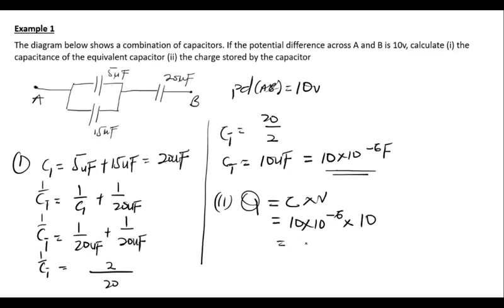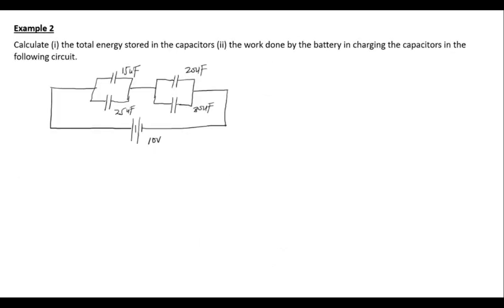So this is equal to 100 times 10 raised to the power minus 6. So our charge stored by these capacitors is equal to 100 microcoulombs.